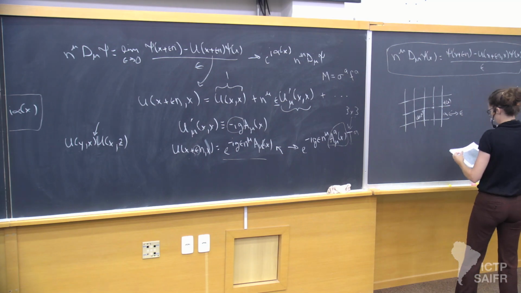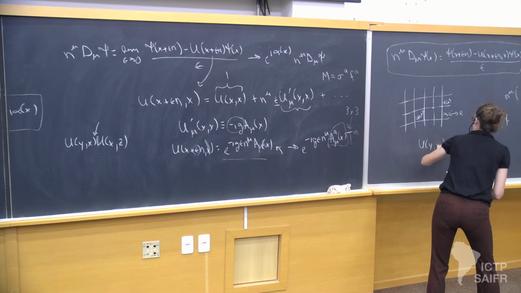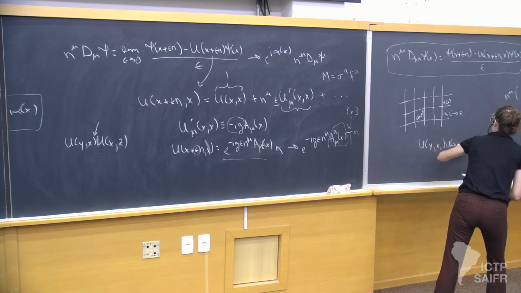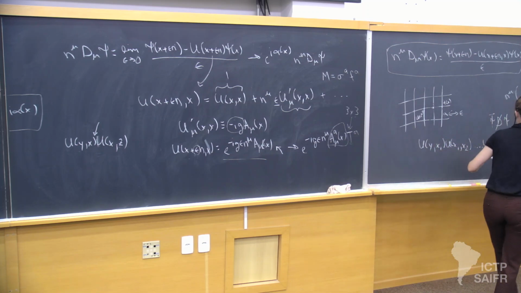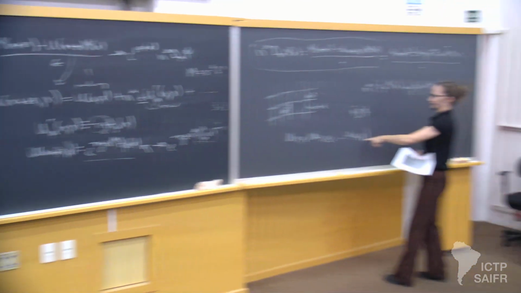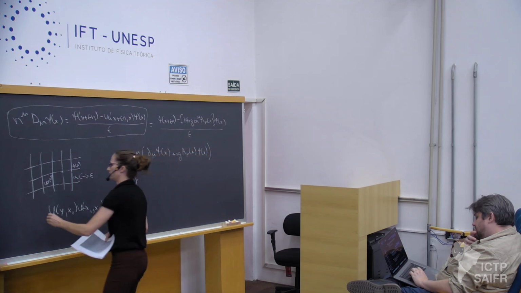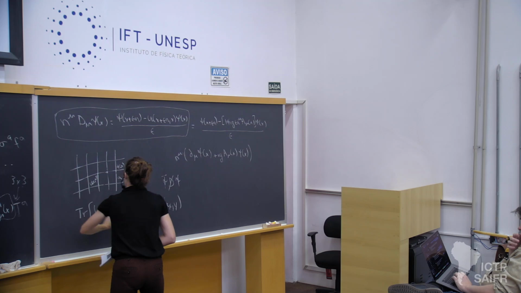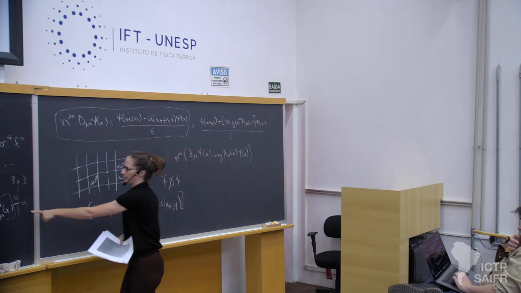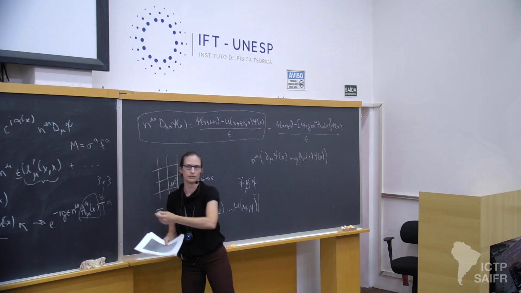So if I do something like this, here I parallel transport from some number of x's until I end up at the same point. I also have to worry about the fact that there are color indices here, and I want this thing to be color invariant, gauge invariant.